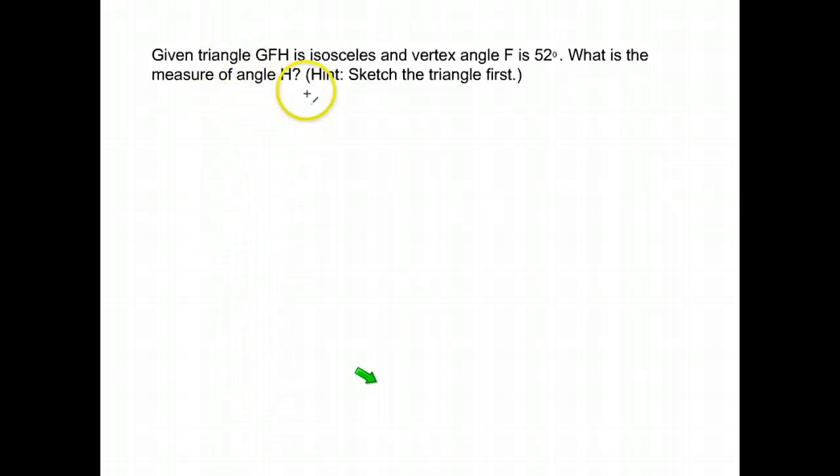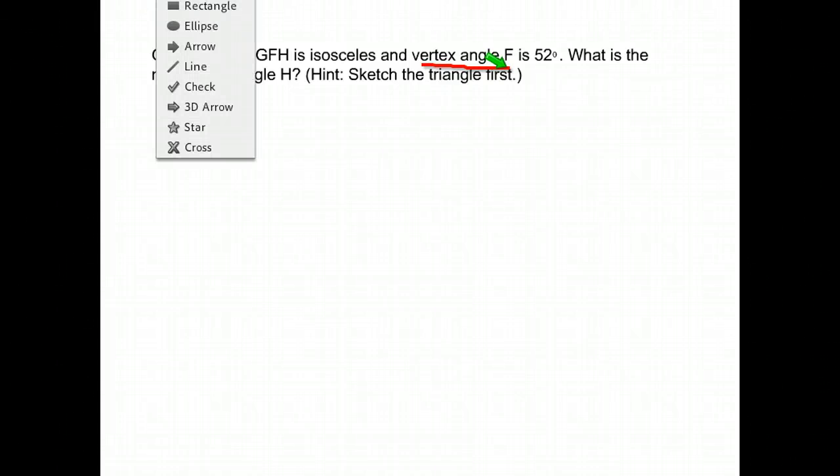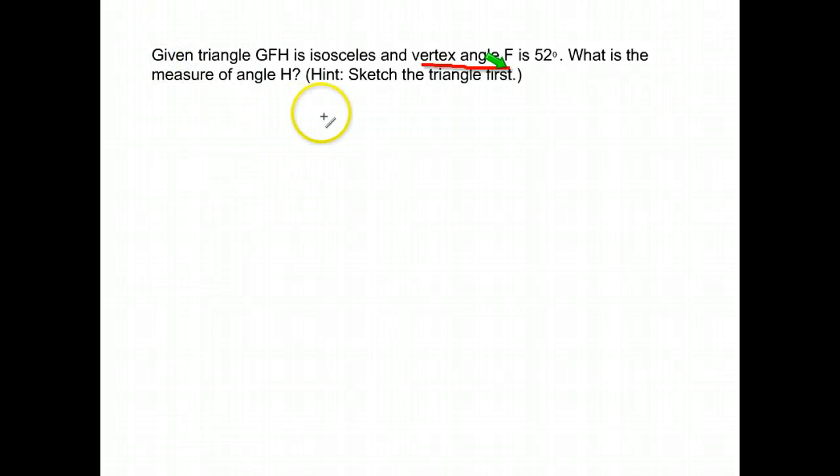So let's use that information to solve this. Given triangle GFH is isosceles and vertex angle F. So let's draw that triangle. We know we have an isosceles triangle because it says it's isosceles.